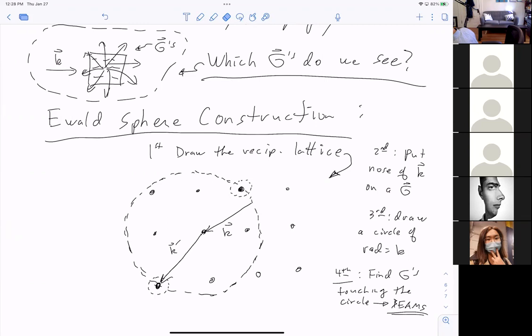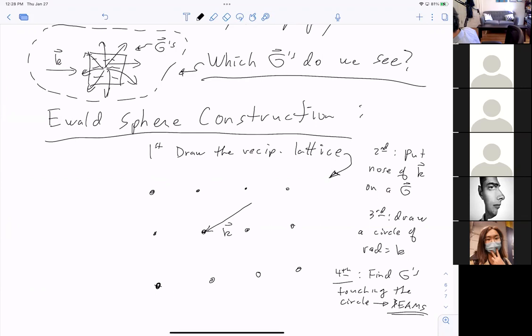Wait, let me see. I put it there. I drew my circle. You know, I drew my circle incorrectly. God damn it. Sorry. I did this. I was wondering why it's not working. I have to draw my circle. Sorry, I did this incorrectly.